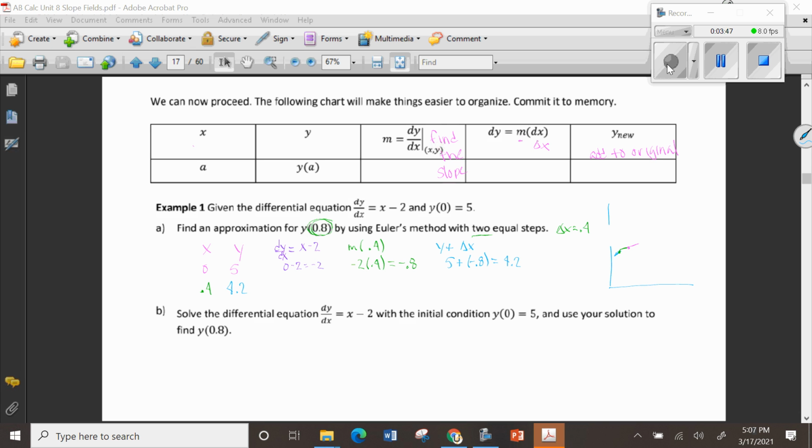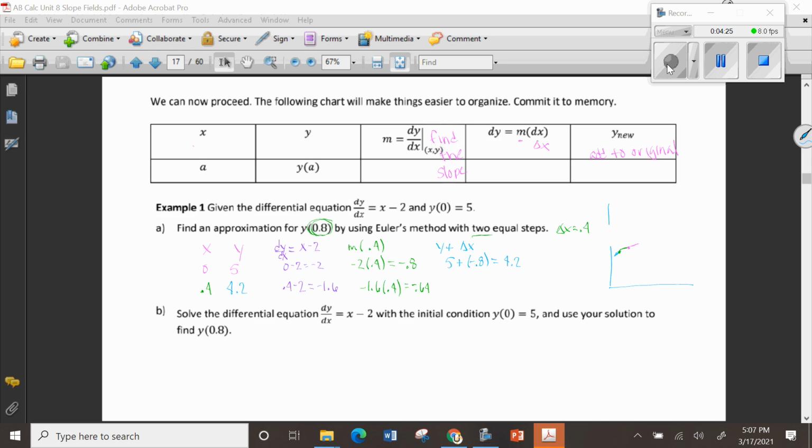We're going to do this process all over again with my new x and y. Now I know that x is 0.4, and I'm going to subtract 2. So 0.4 minus 2 gives me negative 1.6. So the slope is negative 1.6, and I need to multiply that by the change in x. Negative 1.6 times 0.4 gives me negative 0.64.